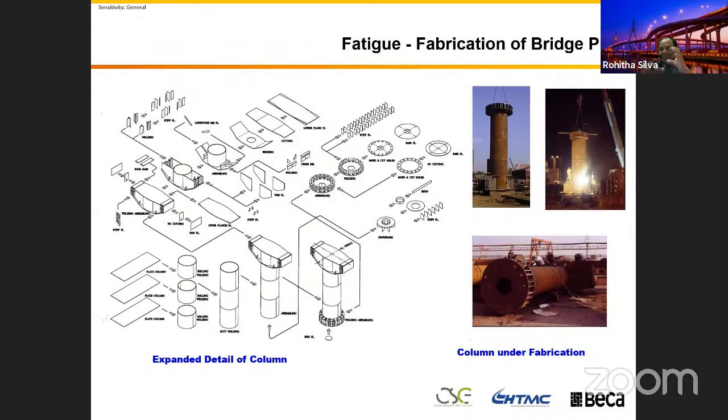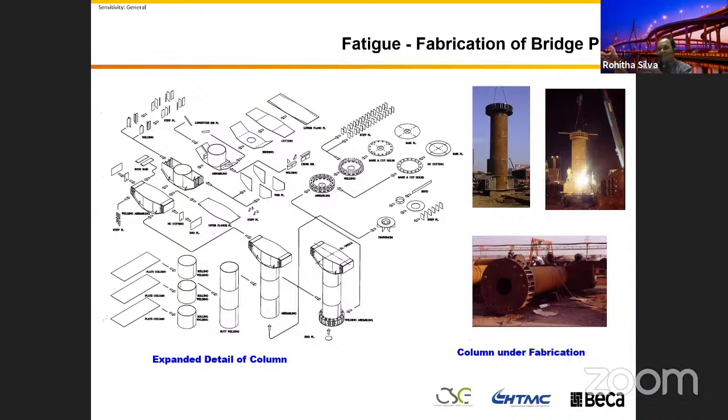So then you can select the fatigue strength. Most of the codes define it based on 2 million cycles. Then there are equations you can use to convert that to correspond to your number of cycles. Like the example we talked about, 2 million cycles, 112 MPa strength, but my bridge is designed for only 1 million cycles.